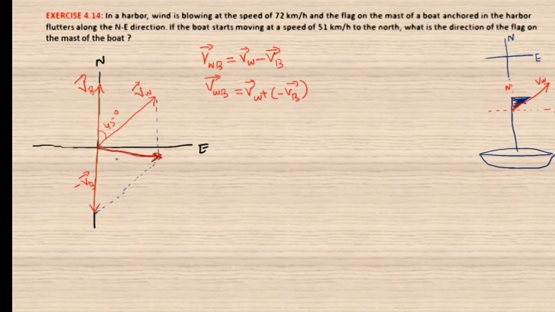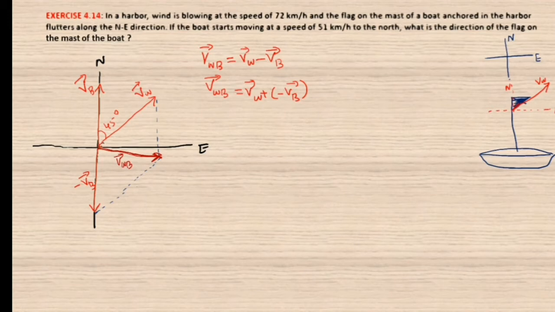The diagonal is shown here, VWB, the relative velocity of wind with respect to the boat. Now we can say that the flag will flutter in the direction of this relative velocity. So we have to calculate the angle now in this case. For that, what is the angle between VW and minus VB?